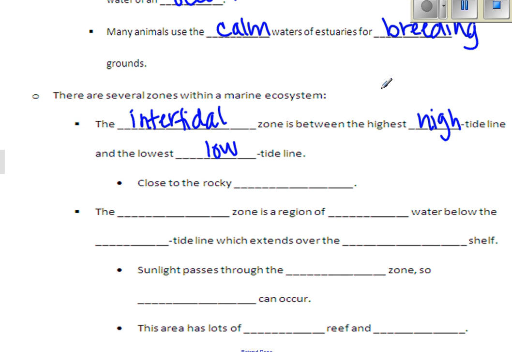Okay, so when you ever go to the beach on vacation and you're looking to see where that high tide comes up on the beach, and whenever it's low tide, how far out it would go at the lowest point of low tide, that area in between is called the intertidal zone because, well, inter means between, and between the tides, where the water goes from the highest point of the high tide to the lowest point of the low tide. And you could actually see that on the beach. So we know that that's close to the rocky shore.